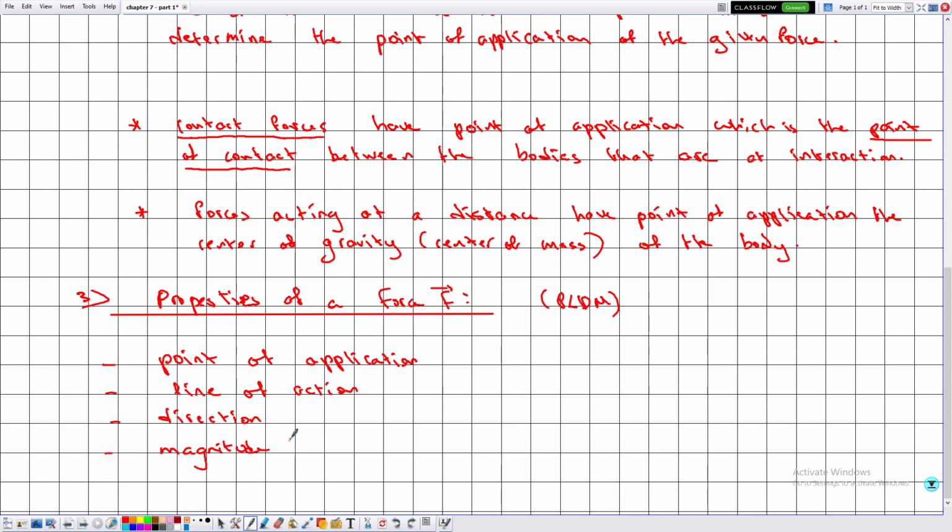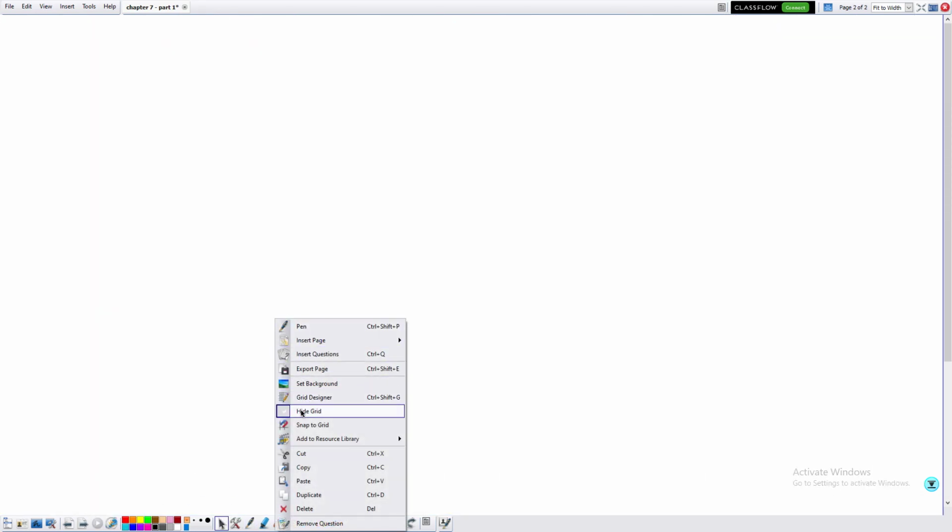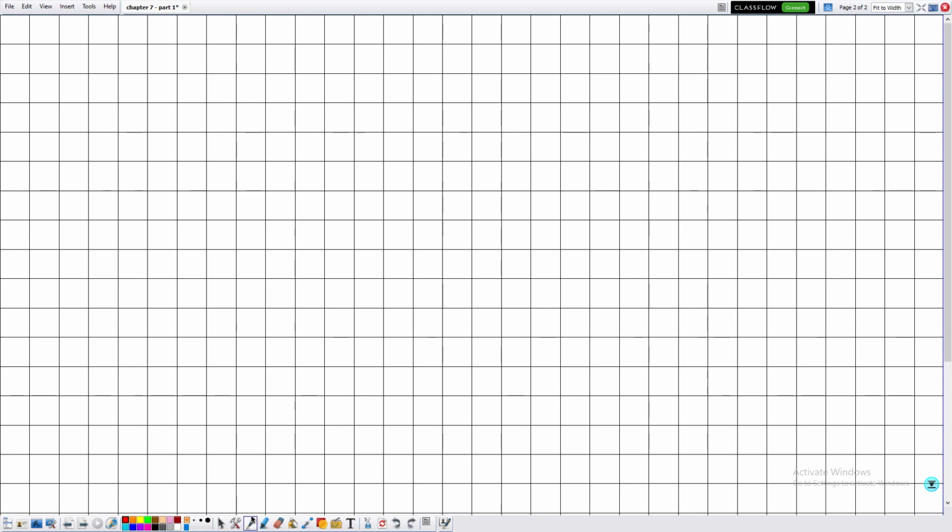Now let's start discussing the forces, and let's start with the first one, which is the weight. So section number 4, the weight.